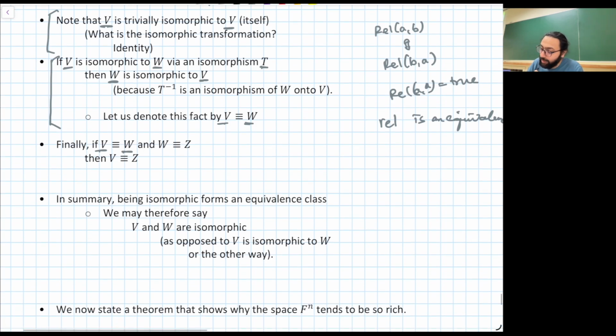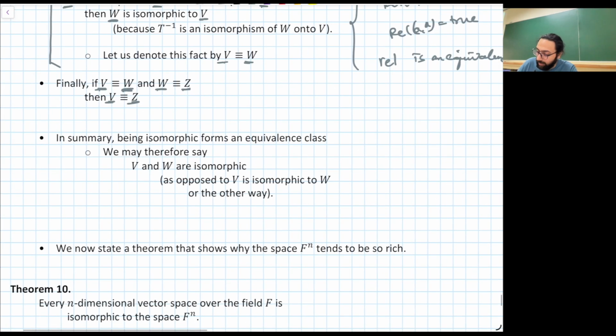Then we also have this: if V is equivalent to W and W is equivalent to Z, then V is equivalent to Z. This follows from these properties. Once you establish them, you can show that it's an equivalence class. So in summary, isomorphism forms an equivalence class.